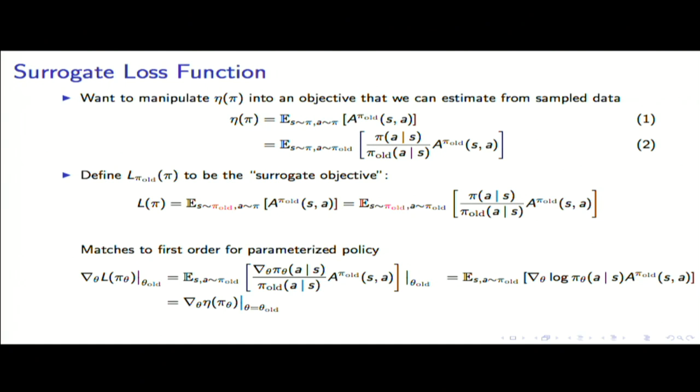So we replace the sampling from pi with sampling from pi old, and then we just use importance sampling here. So going from this expectation to this expectation, we just said actions are going to be sampled from pi old instead of pi, but then since we're changing the distribution, we have to compensate for it by adding this importance sampling ratio.